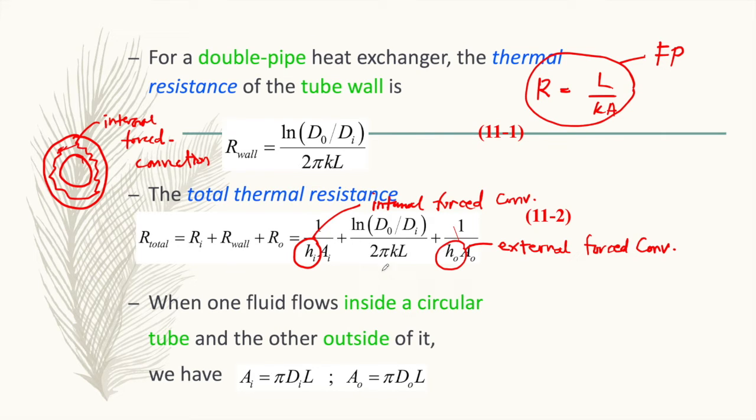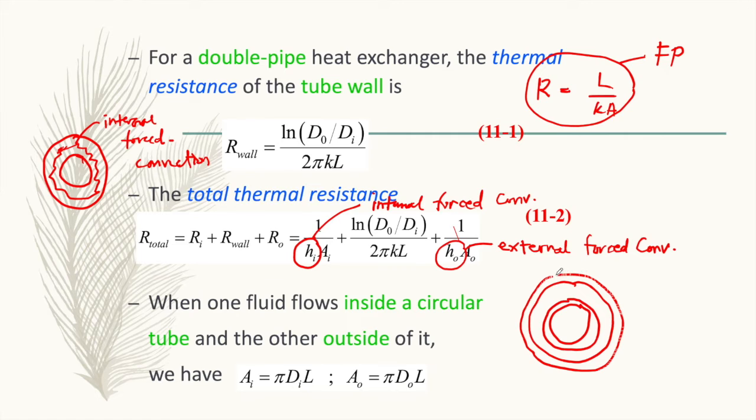Like I said before, we have a double pipe, so now we focus more on the double pipe only. We have these kinds of configurations for the double pipe. Sorry, the figure is not perfect in shape. So let's say we have this kind of figure for the double pipe heat exchanger.